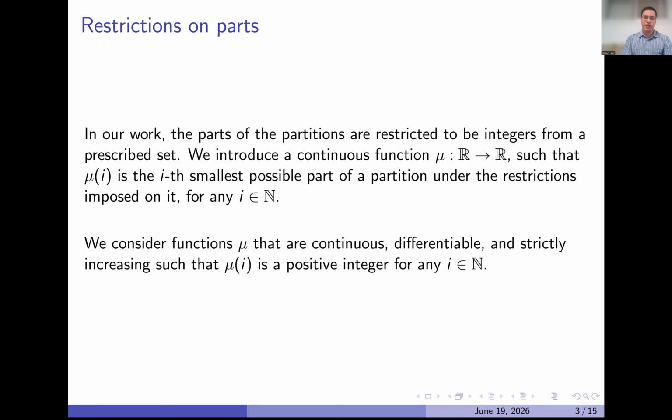Using a continuous function to represent the restrictions allows us to use methods from calculus and differentiate this function, which will be convenient in our derivations. In our work, we only consider functions mu that are continuous, differentiable, and strictly increasing. Of course, those conditions don't limit the restrictions that can be placed on the parts.